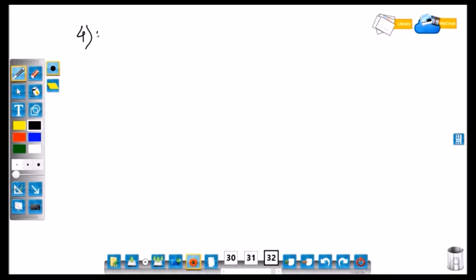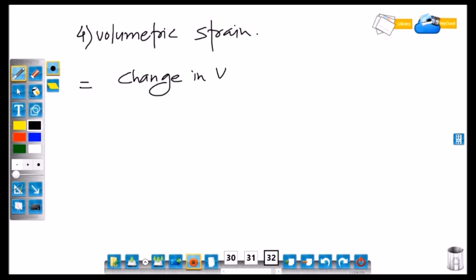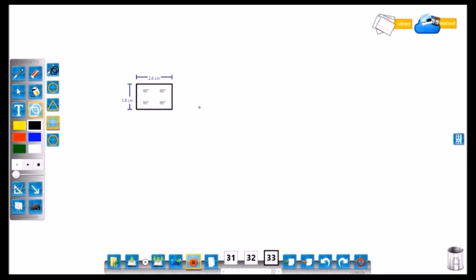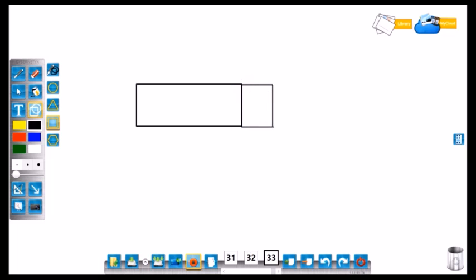Now volumetric strain. Volumetric strain is equal to the ratio of change in volume to the original volume. Let us consider a body.